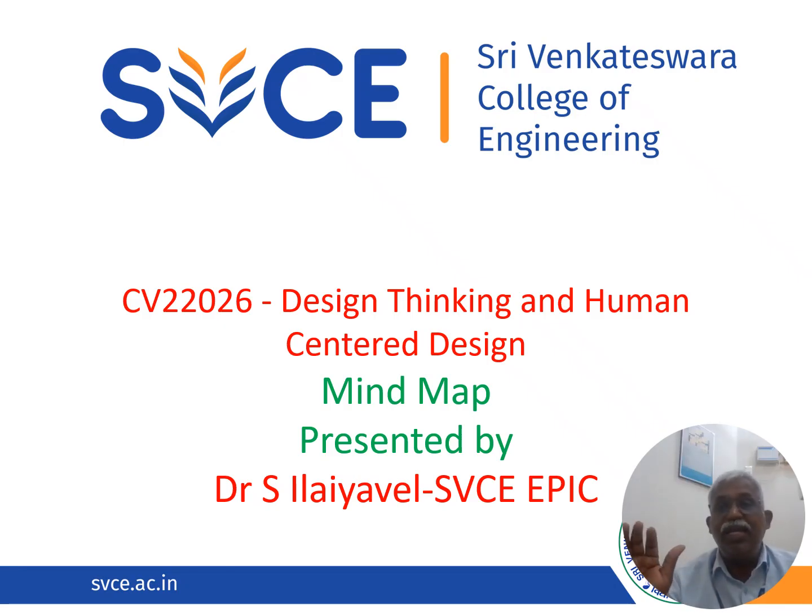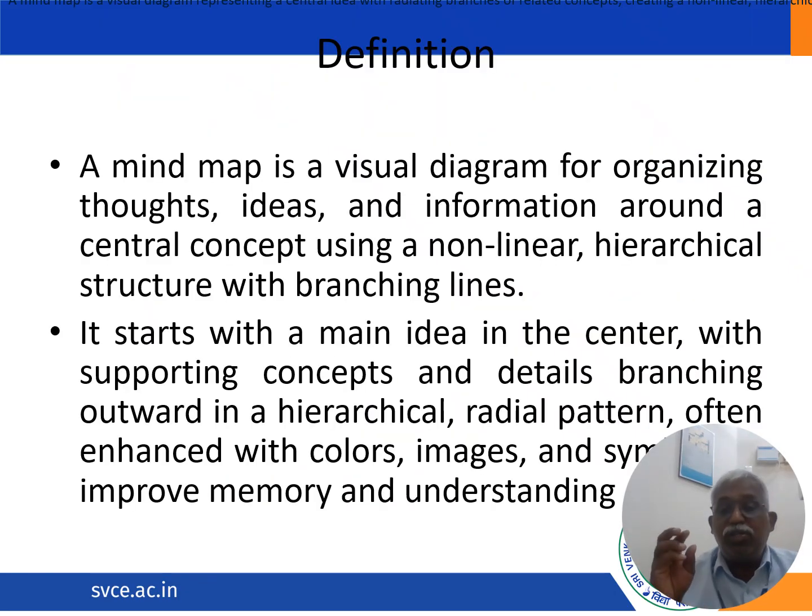First, we will see the definition of a mind map. It is a visual diagram like the empathy map, a graphical representation for easy remembrance. It organizes thoughts, ideas and information around a central concept using a non-linear hierarchical structure with branching lines.